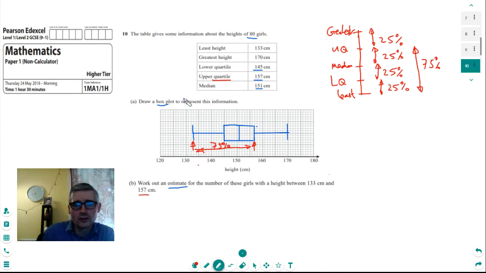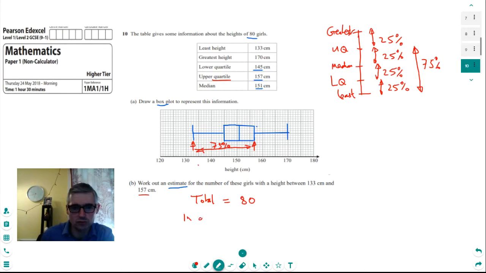So in order to do an estimation of how many that actually is, since we're told that the total number is equal to 80, we can say the number in that range from the least height up to the upper quartile is actually 75% of that.